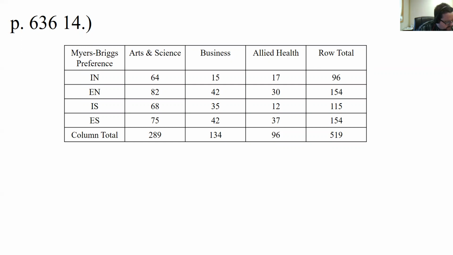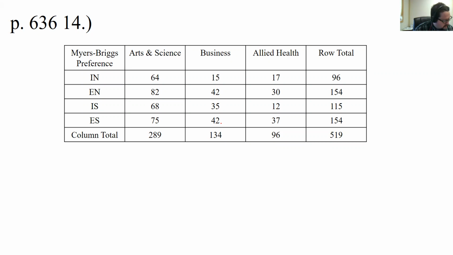In the table, IN refers to introvert intuitive, EN extrovert intuitive, IS introvert sensing, and ES extrovert sensing. There are 2 more ways of defining things on the Myers-Briggs. We're not going to worry about that for this.